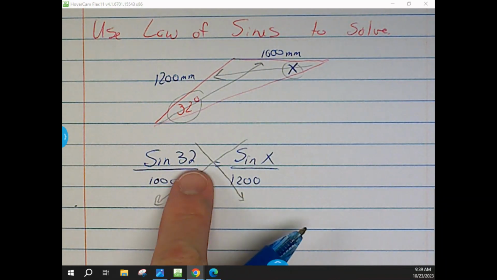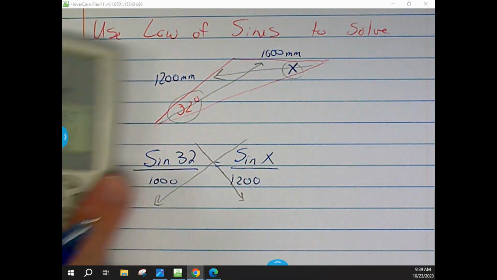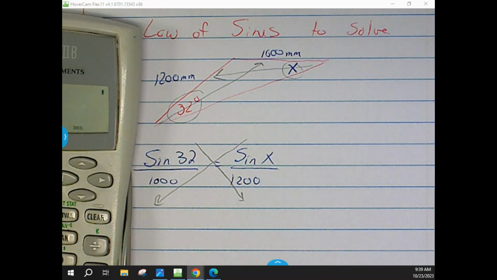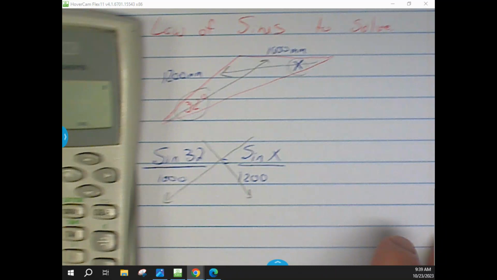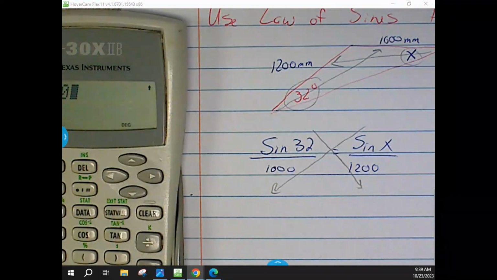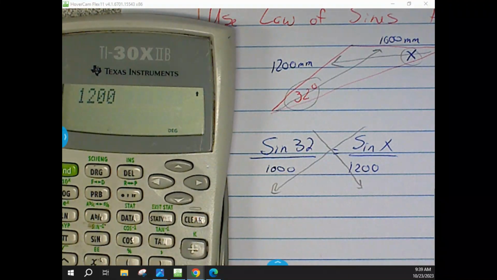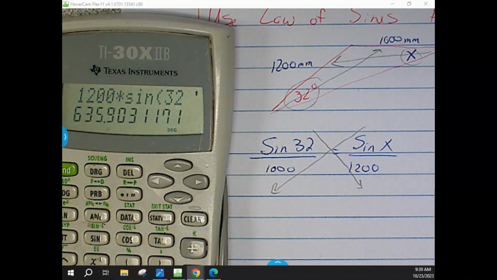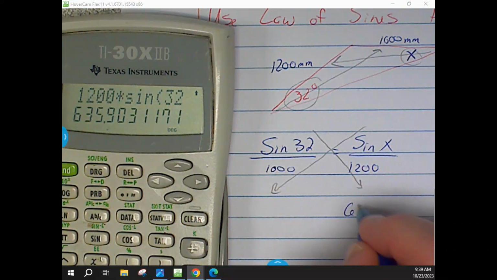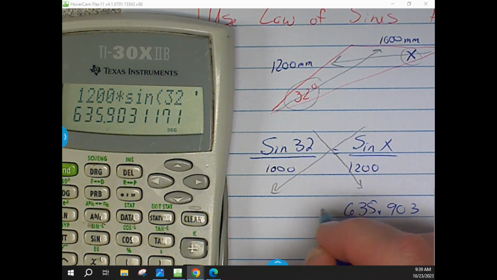Now, when you do sine of 32 times 1,200, it's probably better to put the 1,200 first, less chance of messing things up there. So you've got 1,200 times sine of 32. So that's 635.903.